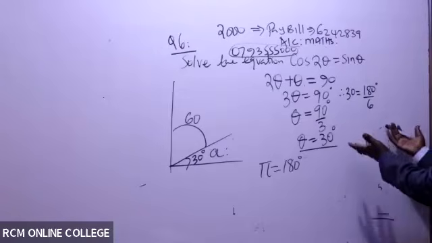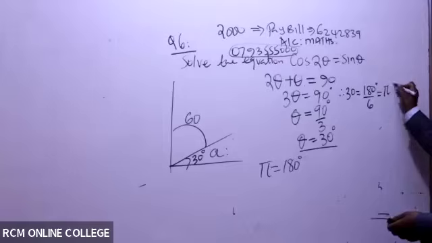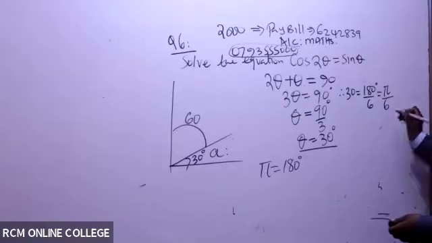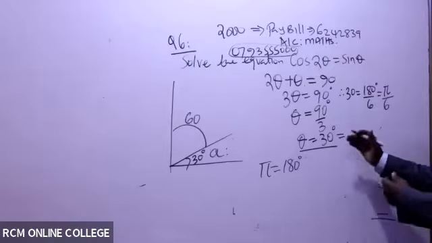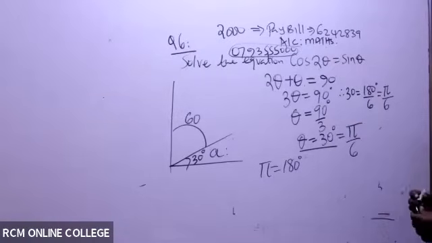And 180 is my pi. So this will be the same as pi radians all over what here? 6. So automatically the final answer, instead of saying 30 degrees, will be pi over 6, like that.